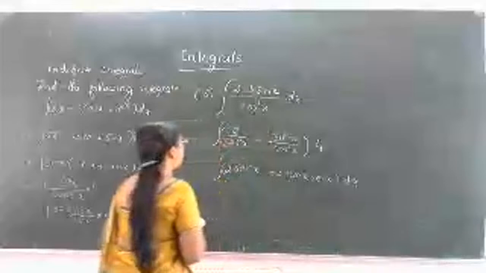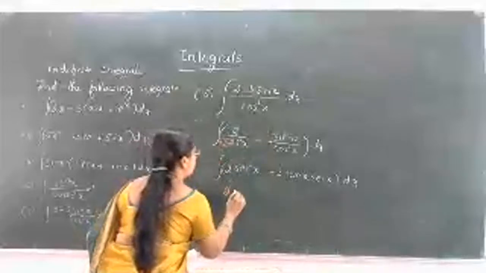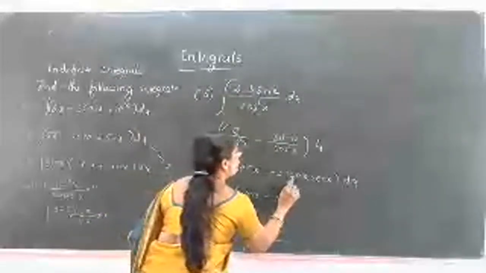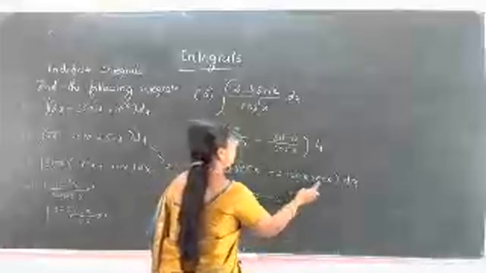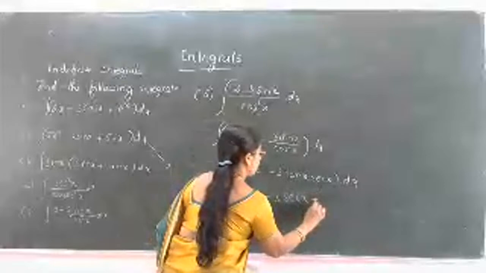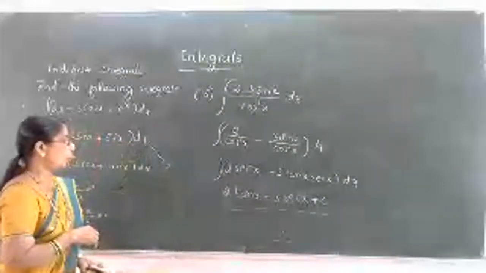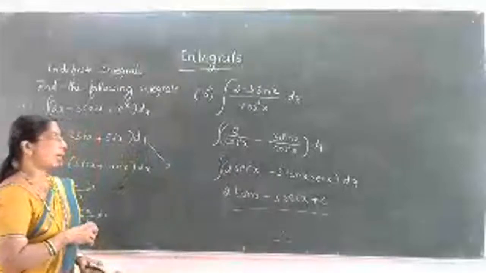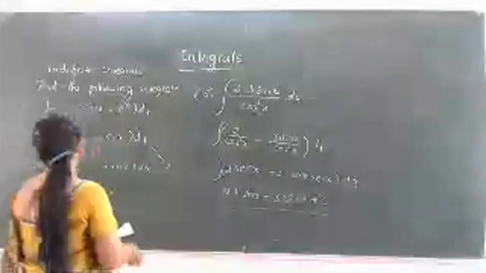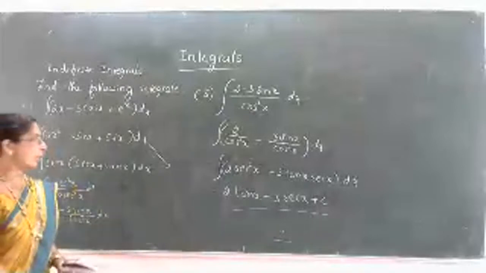Therefore, integration of 2 into secant square x is equal to 2 into tan x minus 3 into tan x into secant x, which is sec x, plus c. So 2 tan x minus 3 sec x plus c is the integration of (2 minus 3 sin x) divided by cos square x dx.